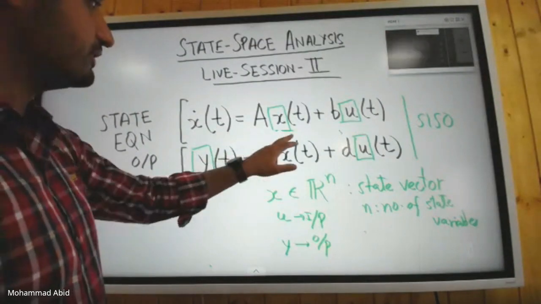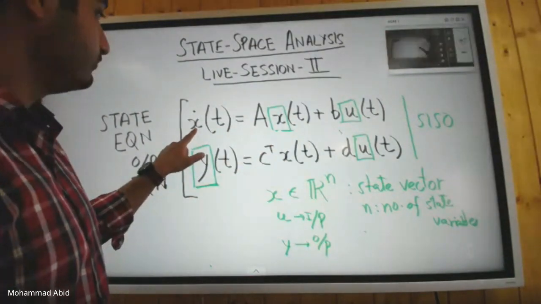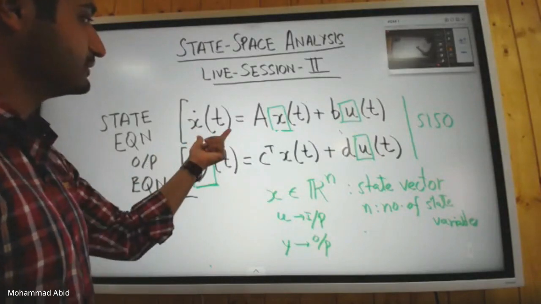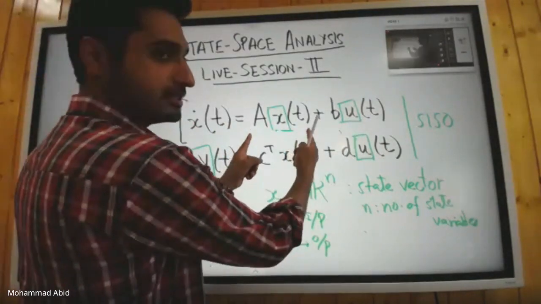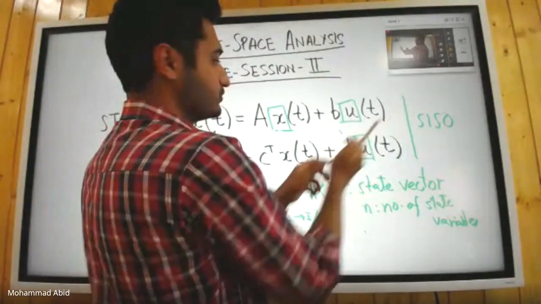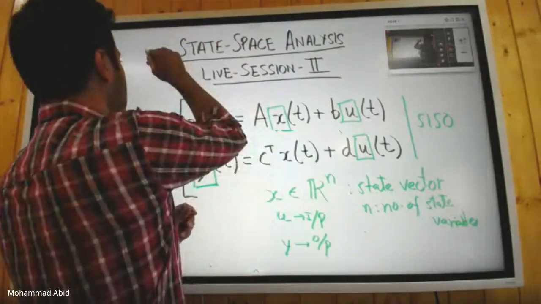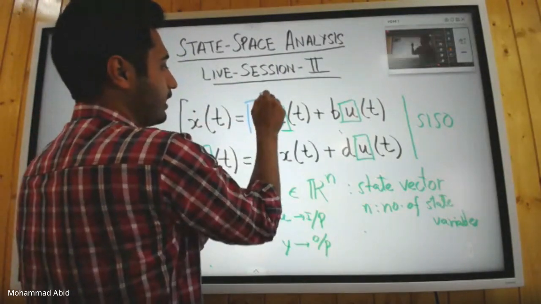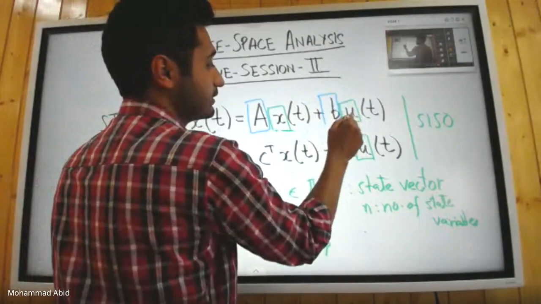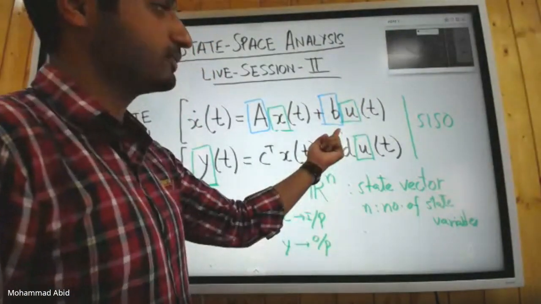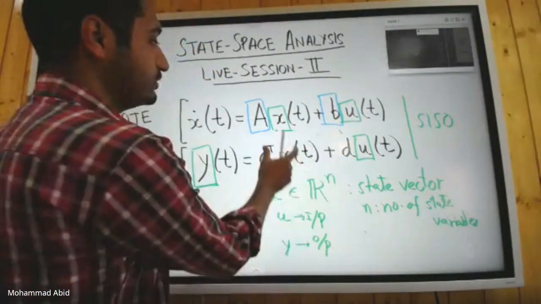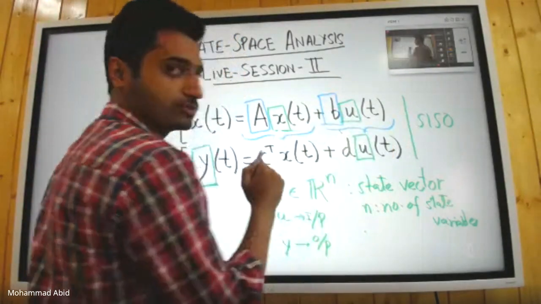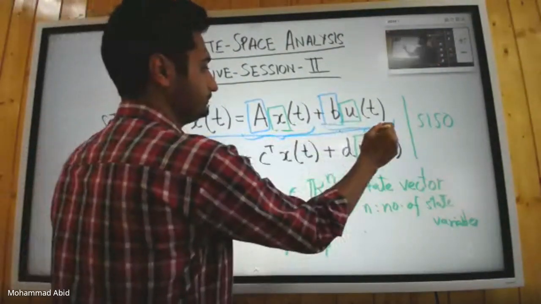The first equation tells you that the flow, or we can say the rate of change of the state variables, is a linear combination of states and a linear combination of inputs. Because this A and B are just matrices, isn't it? Your A and B are simply matrices, or they can be vectors in the case of single input, single output systems. So this becomes a linear combination of states and a linear combination of inputs, and that's given by this equation.